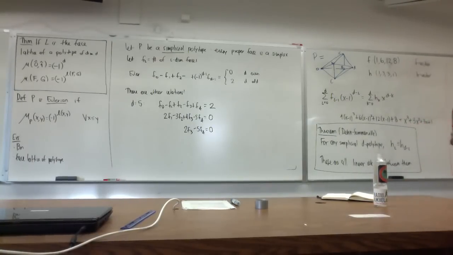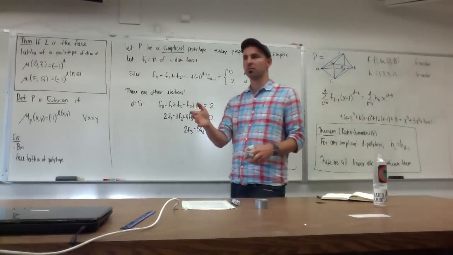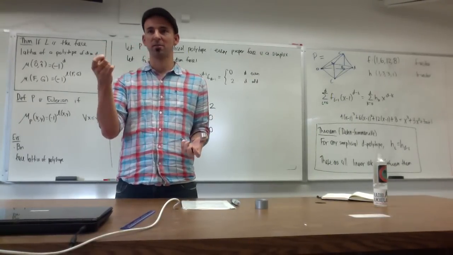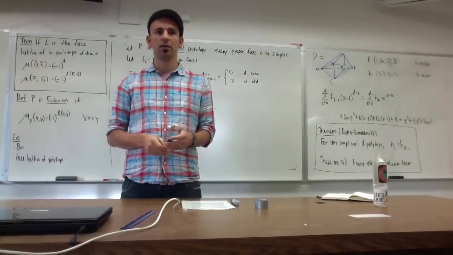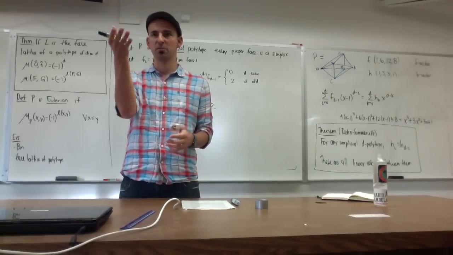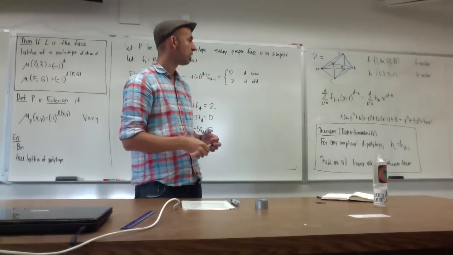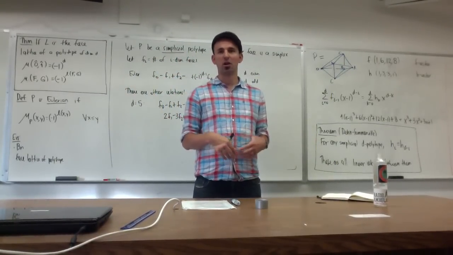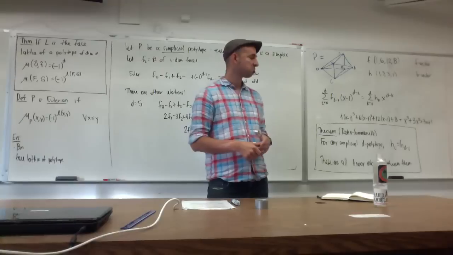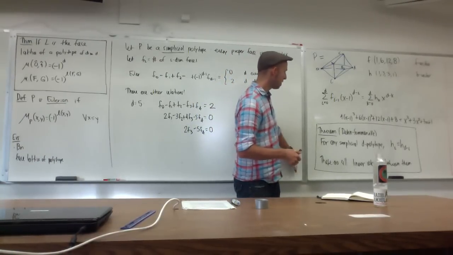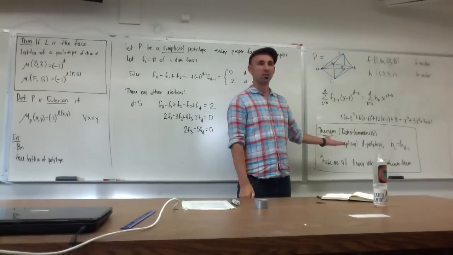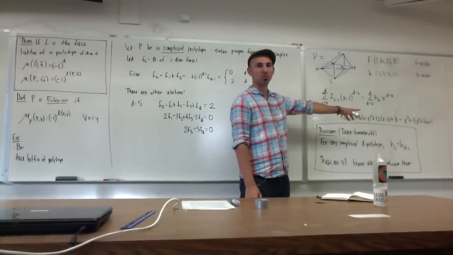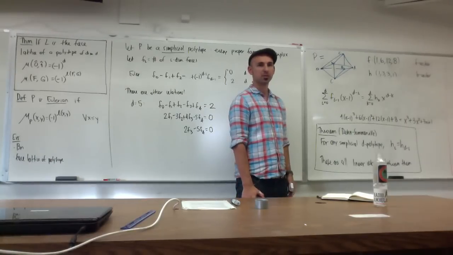This is motivated by the question: what if I give you an f vector, or a list of numbers, and I ask you, can you construct a polytope that is simplicial, that has this many points, this many edges, this many faces, and so on? So there was this big question: can you characterize all the f vectors of simplicial polytopes? And this is part of that question, right? It gives you a test. If you plug in here and you don't get a symmetric vector, then that cannot come from a polytope.